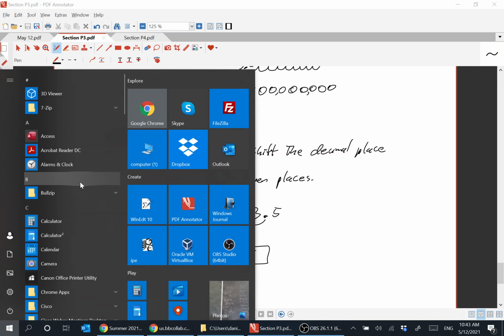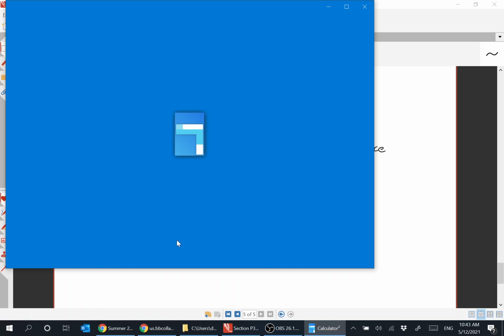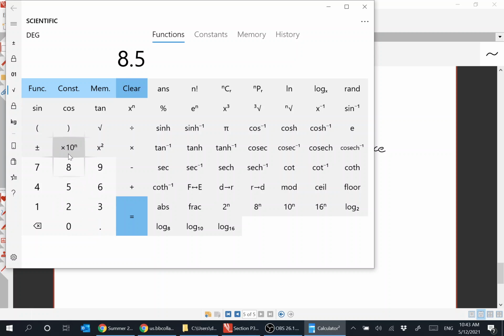So, for example, if you use a Windows computer, there's several calculators that come with it. Here's one right here. See, I've got that button on the calculator right here. So, for example, if I want to write 8.5 times 10 to the 6, unfortunately it uses this weird notation, 8.5e plus 6.